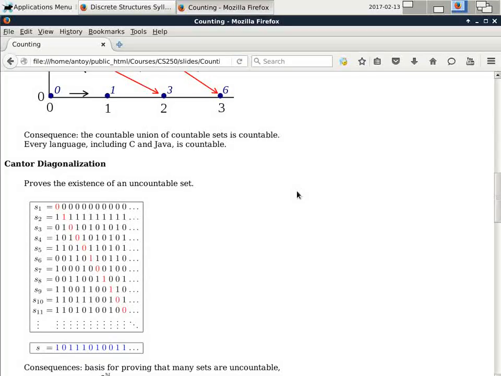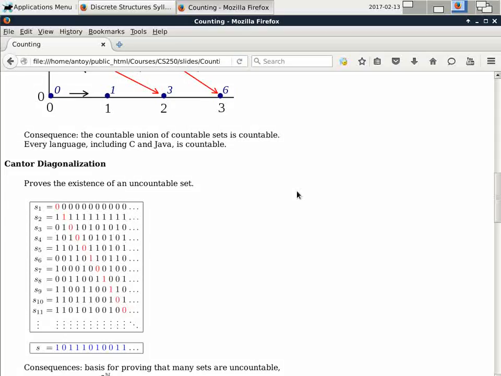So this is the diagonal. This is flipped. You see how I'm flipping? Where I find a 0, I change it to a 1. Where I find a 1, I change it to a 0. Yeah? So this also is infinite. This one was not in the list I wrote there. Why is it not in the list? Can it be the first? It cannot be the first.